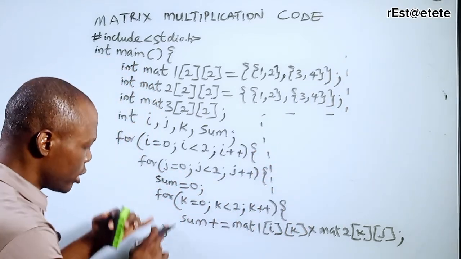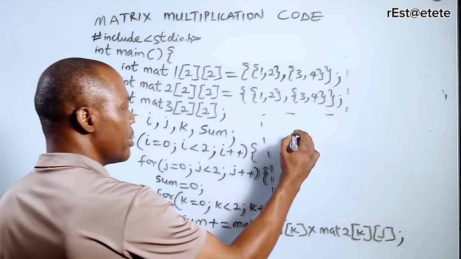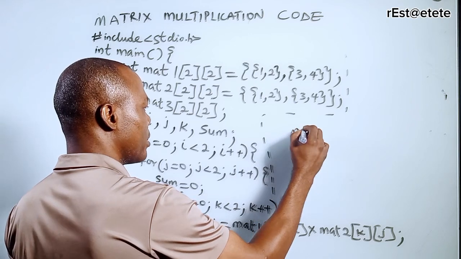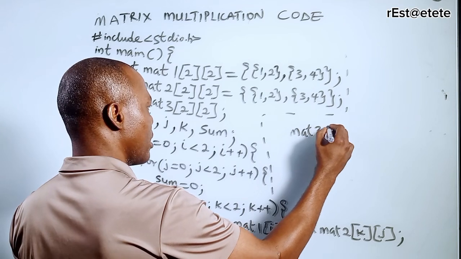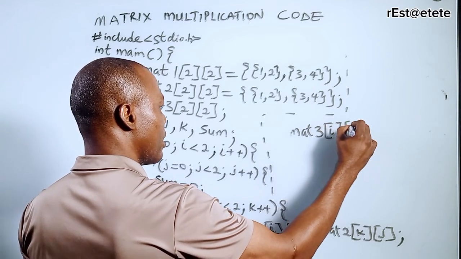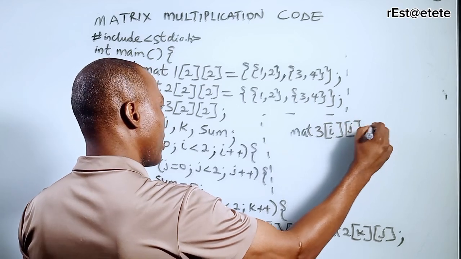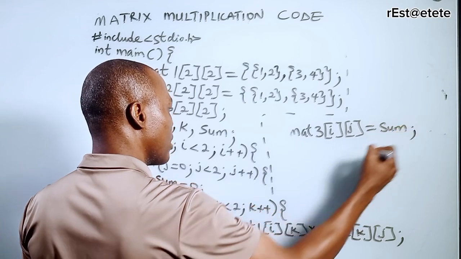Now, what is going to be outside of this K for loop will now be mat3[I][J], assign sum to it.